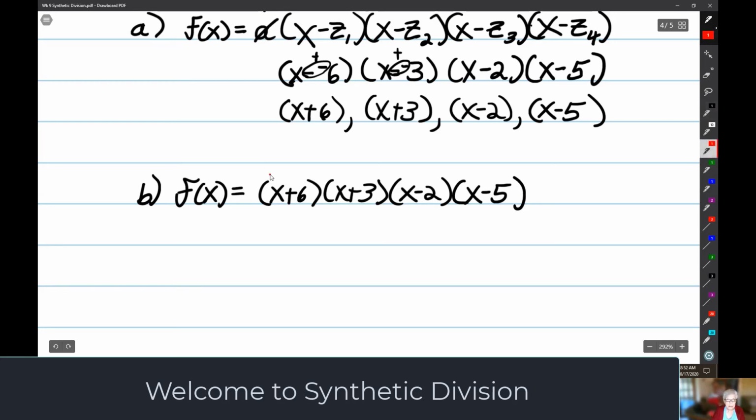So I am going to multiply these two together just because they're next to each other. And these two together simply because they are next to each other. No other reason.